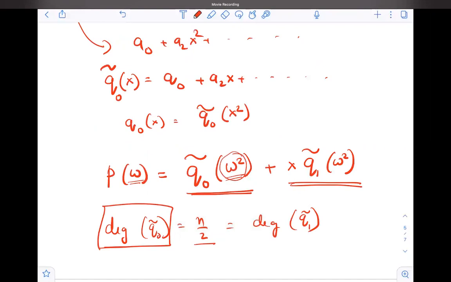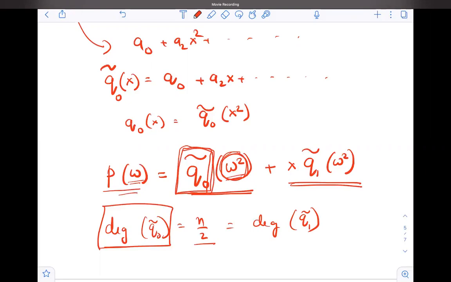See, we are using, kind of by default, the algorithm almost naturally without knowing anything. It is going to compute Q0 tilde at the n over 2th roots of unity, and that will help us to solve P over the nth roots of unity.